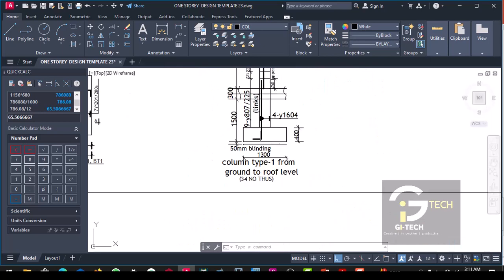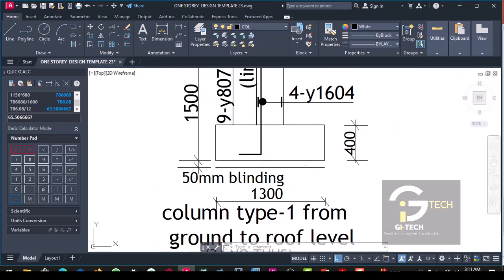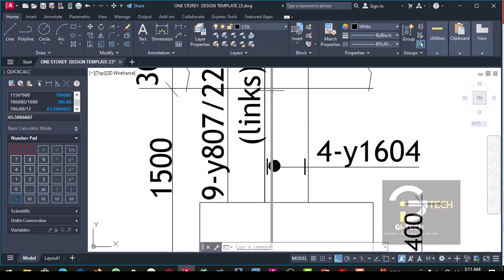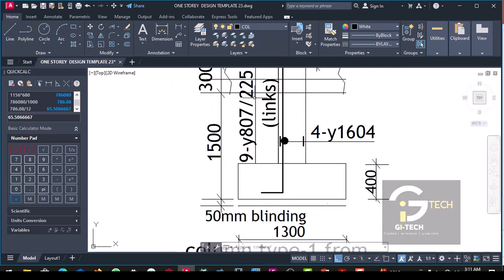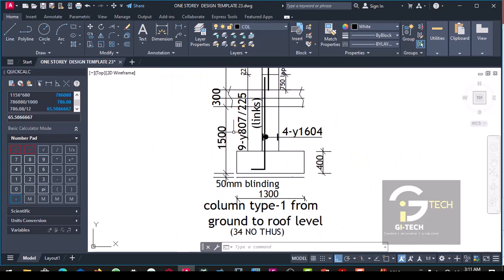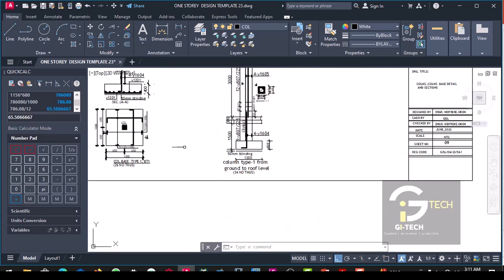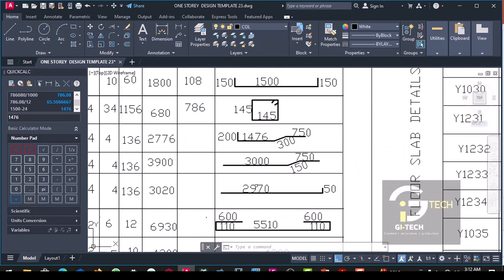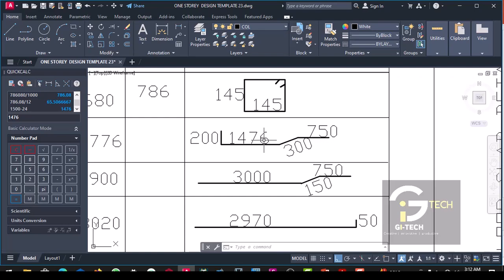So to calculate the length of this bar from here to this point, you subtract 24 from 1,500. You have 1,476. So that is why we have 1,476.